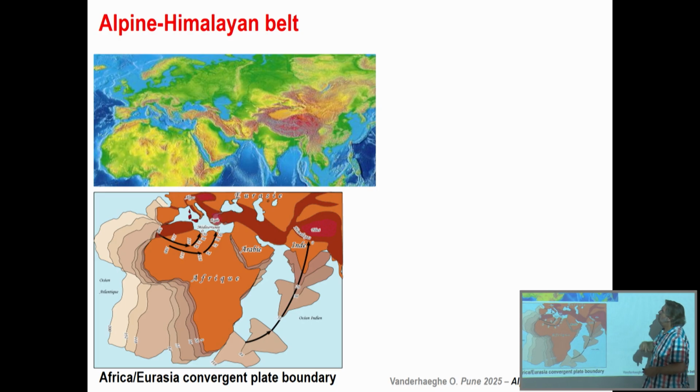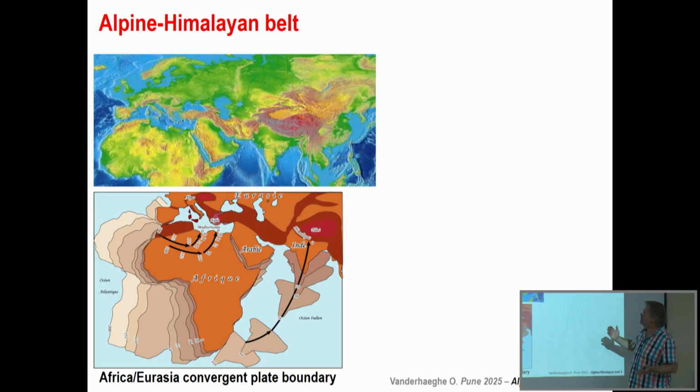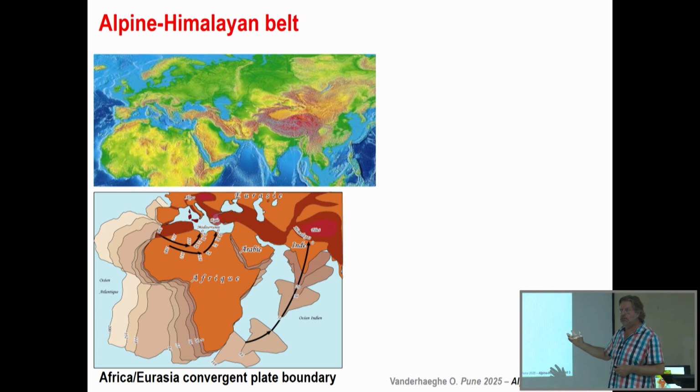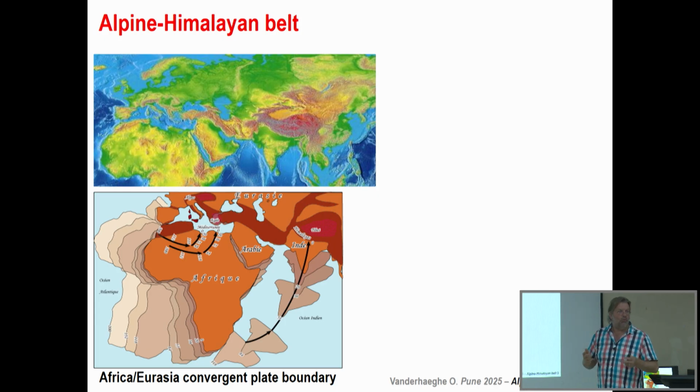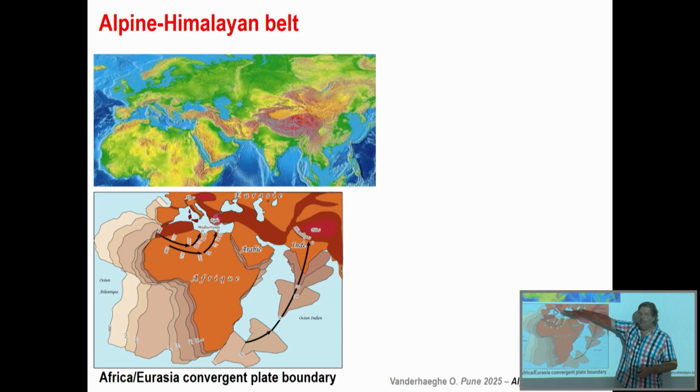And roughly speaking, how is the mountain belt? What are the first order characteristics of this mountain belt, so that you can see its orientation, width, thickness, or altitude? Well, it's roughly east-west trending.